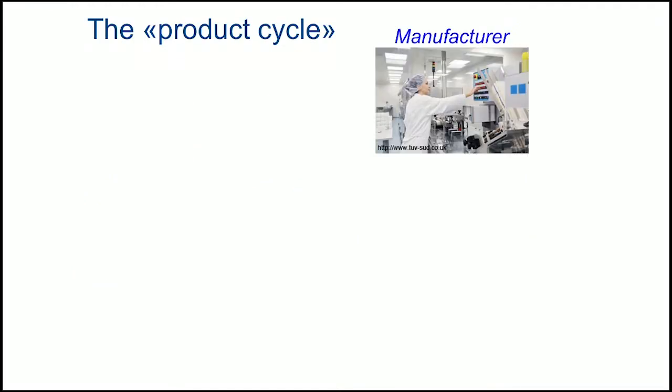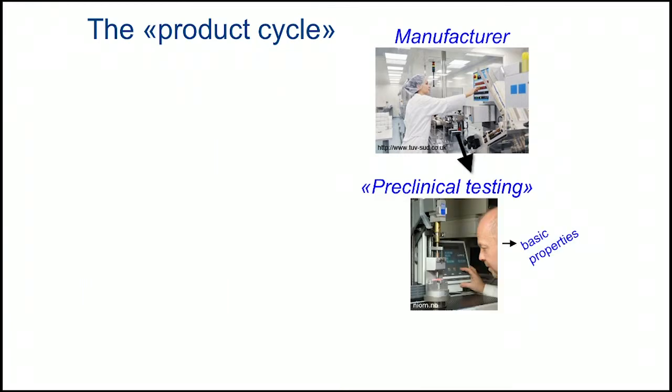If you think like a manufacturer, we would like to make a new product to be placed on the market. One of the first things to do then is to subject the product or the potential product to preclinical testing to evaluate basic properties such as strength, bond strength, etc. Moreover, we will have to assess the clinical performance and safety of the product, so-called clinical evaluation.